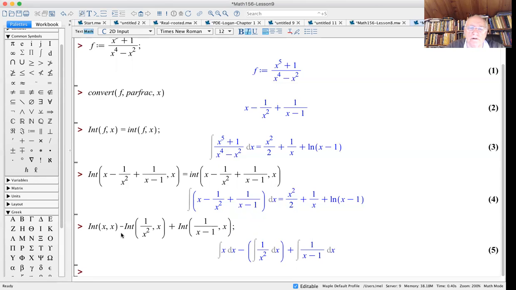So this is the integral of X minus the integral of 1 over X squared plus the integral of 1 over X minus 1. That's integrating this term by term.